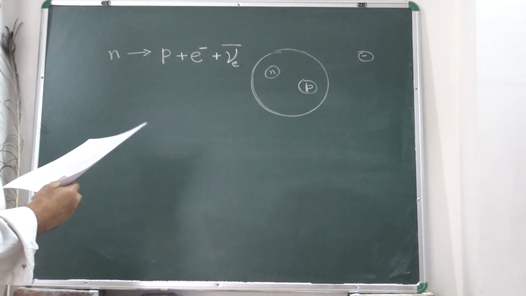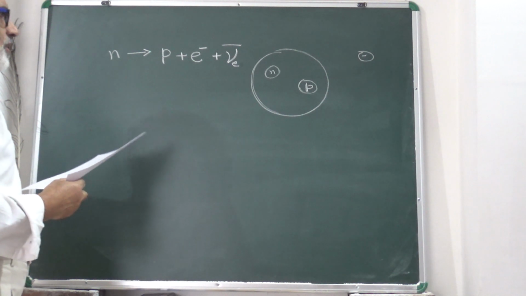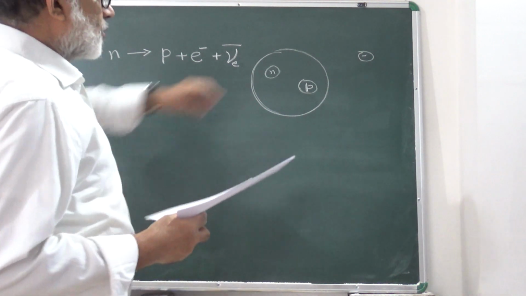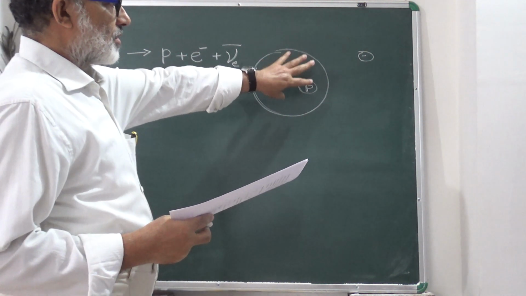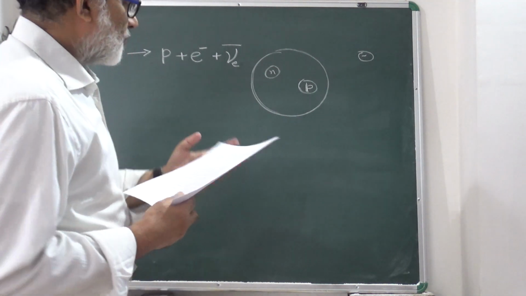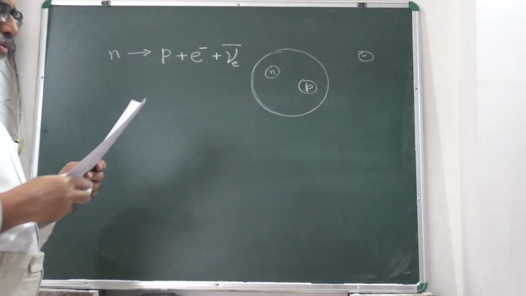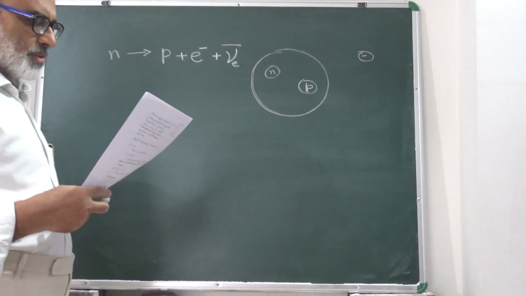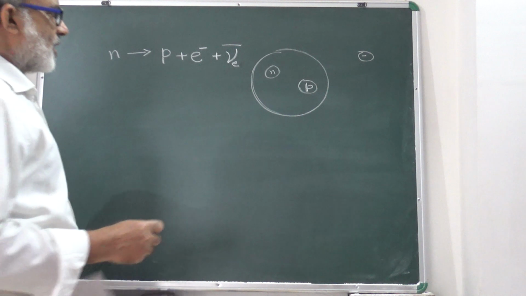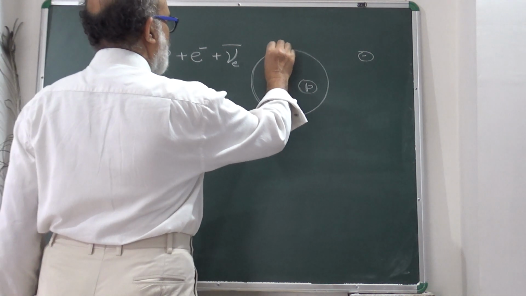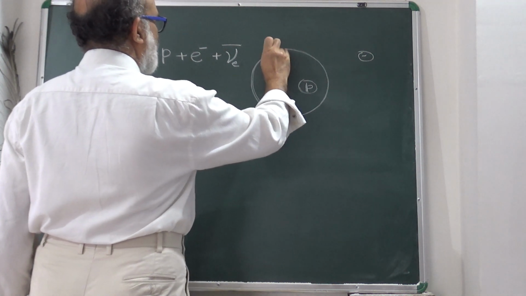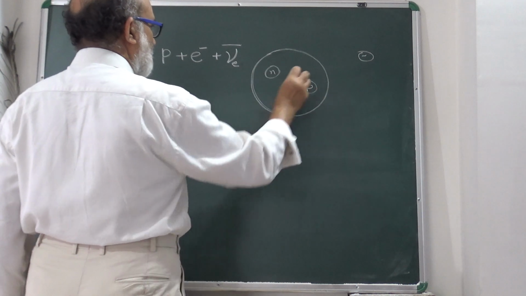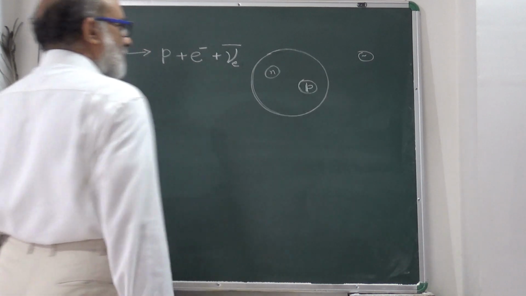Now, what force binds these neutrons and protons inside the nucleus? Of course, it must be of very short range, and must be very strong so that it could overcome the electromagnetic force.